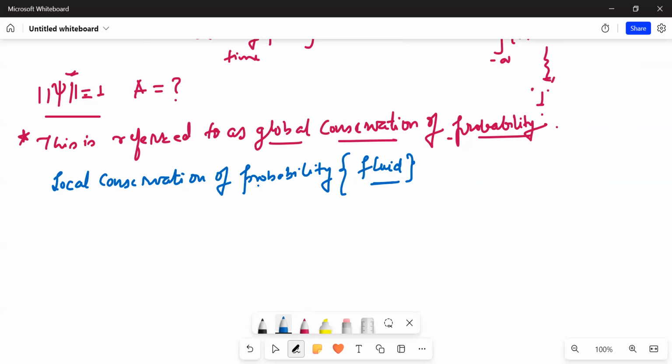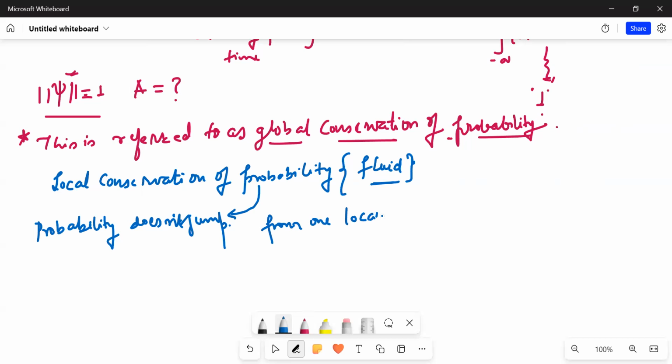So it can be said, I'll explain all these things, don't worry, that probability does not jump from one location to another; rather, it flows as if it is a fluid.